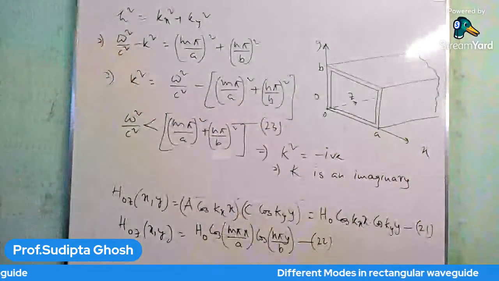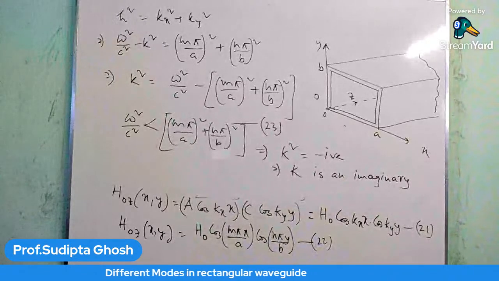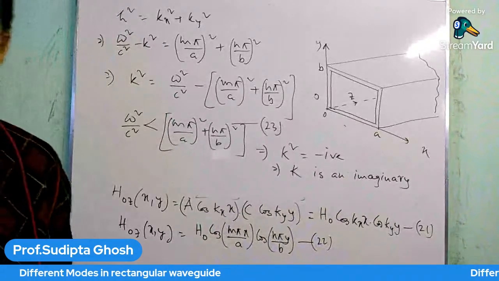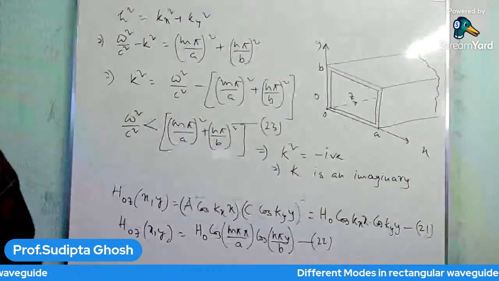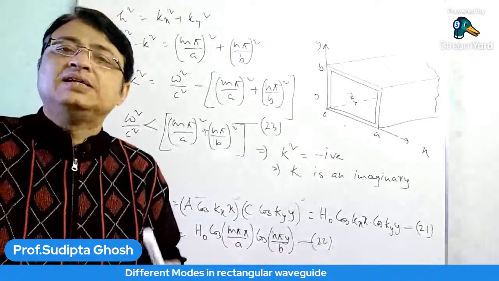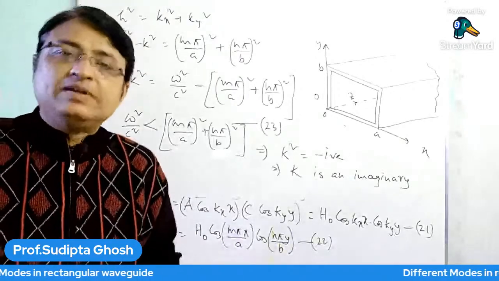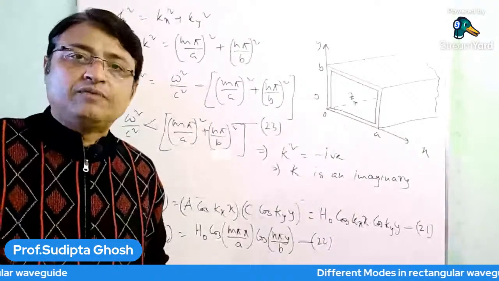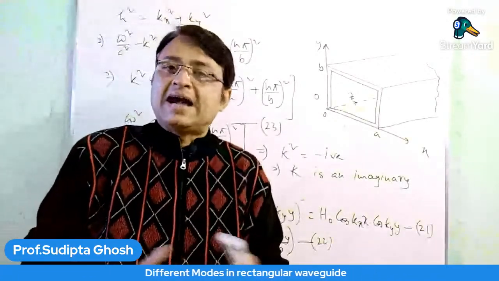Now what is k? K is nothing but the wave number or the propagation constant. Now if for any certain wave the propagation constant or the wave number vanishes, that means the wave is not going to propagate through the waveguide. It actually gets attenuated.